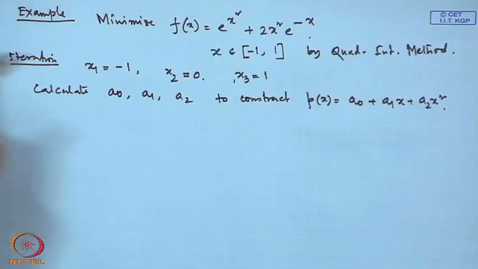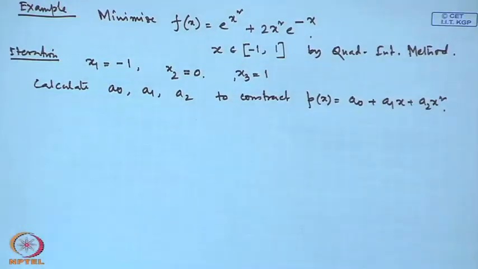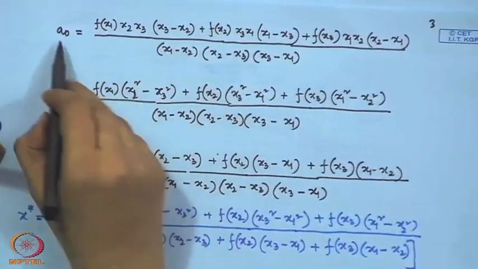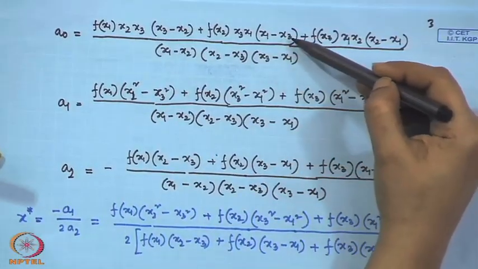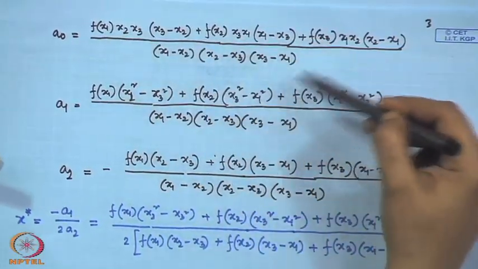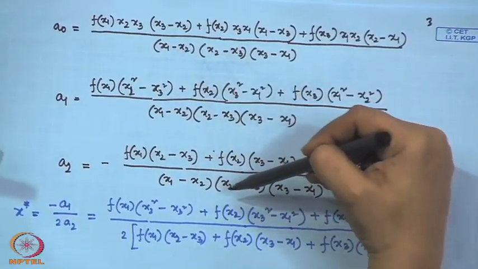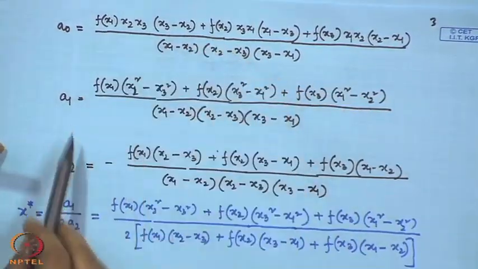See how to get these values, as I just showed you. We will calculate A0, A1 and A2 with this formula, because we know x1, x2, and f(x1), f(x2), f(x3) as well. We will just substitute the values here and we will get A0, A1 and A2.